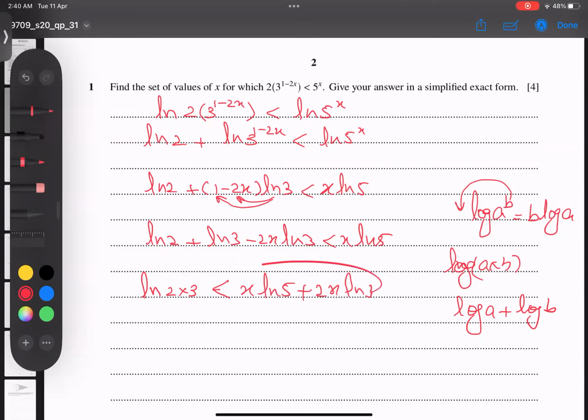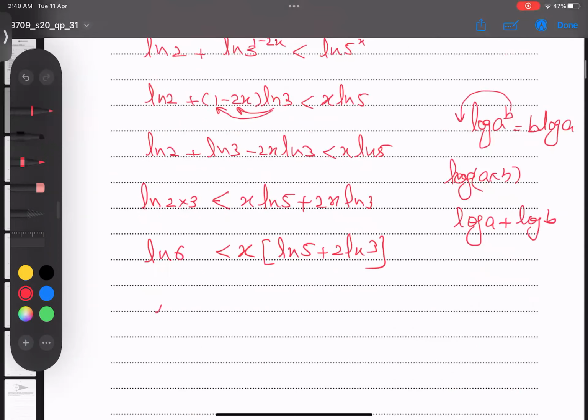Now, from here, what is common? x is common. So I get this kind of thing inside: log of 5 plus 2 log of 3. And here I got log of 6. Here, this number can go in the power, applying the reverse property. So it becomes log of 5 plus log of 3 to power 2.